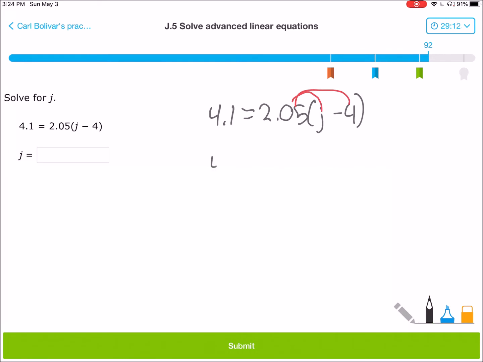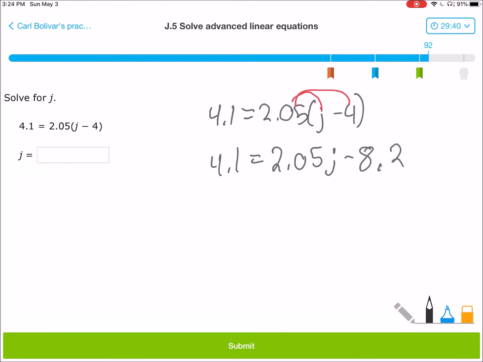What we have is 4.1 is equal to, when we multiply everything inside of the parentheses by 2.05, we will get 2.05j minus 8.2.